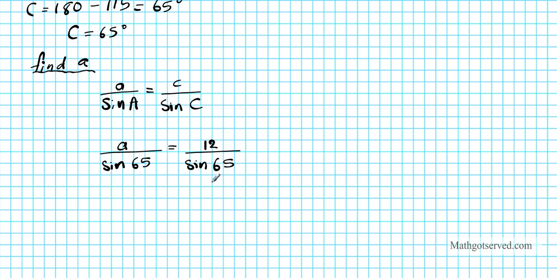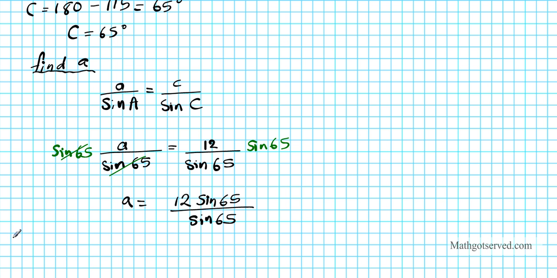All right, so to get little a by itself, I will multiply both sides by sine 65, so this divides out, and then that yields a equals 12 sine 65 over sine 65.